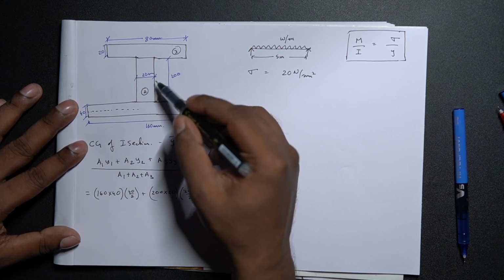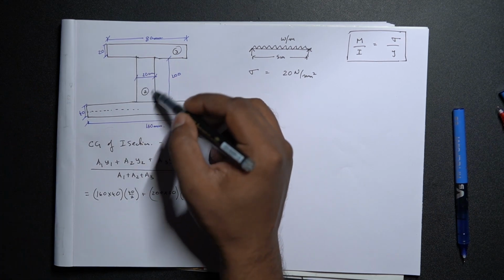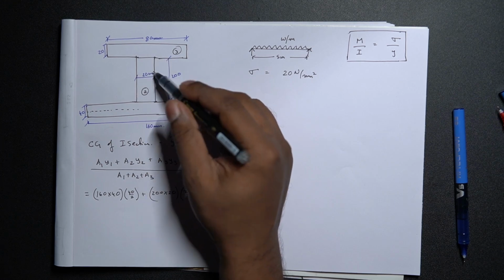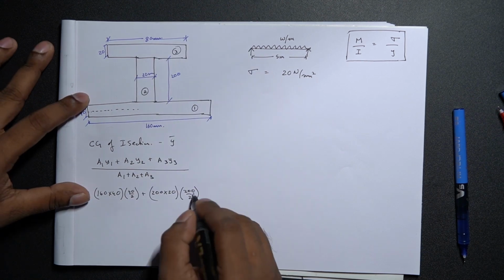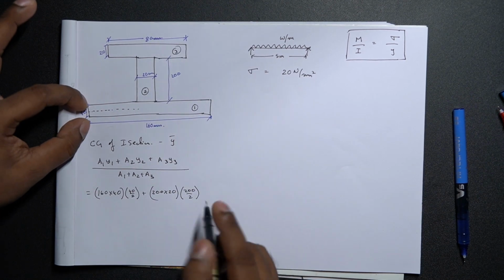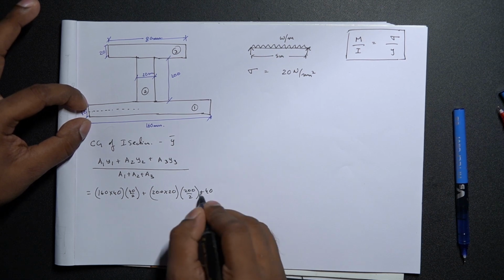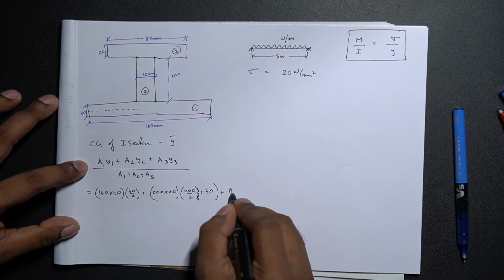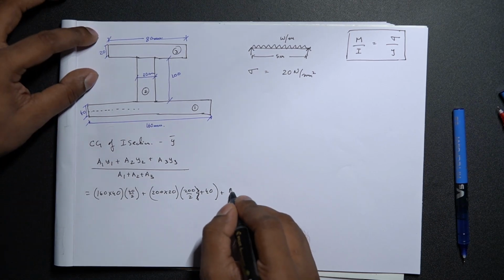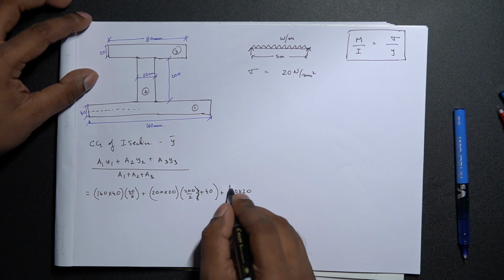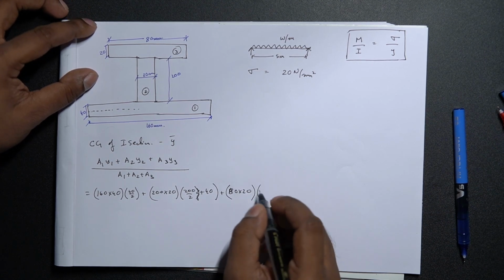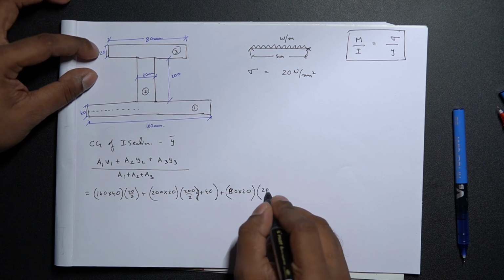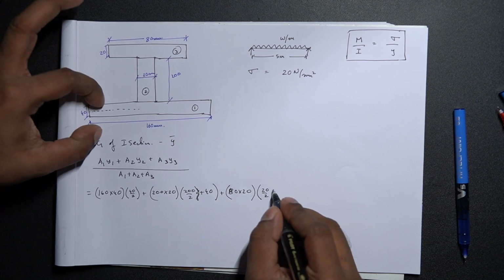Now, when we do 200 by 2, this gives the center of gravity of this particular section. Now, we have to do that with respect to the entire remaining portion of the section. So, it is 200 by 2 plus whatever remains below, that is plus 40. Similarly, A3 Y3, where A3 is 80 times 20, into the center of gravity, which is 20 by 2 plus 200 plus 40.